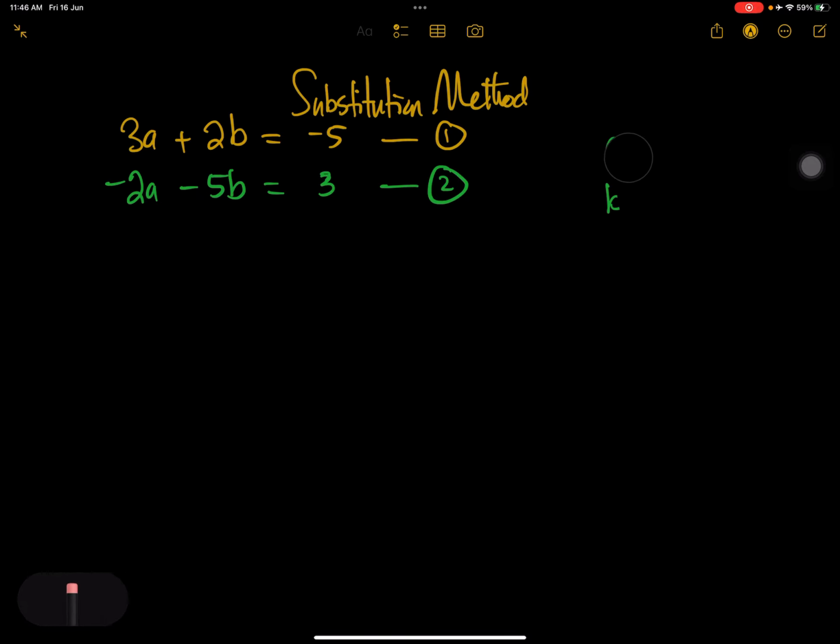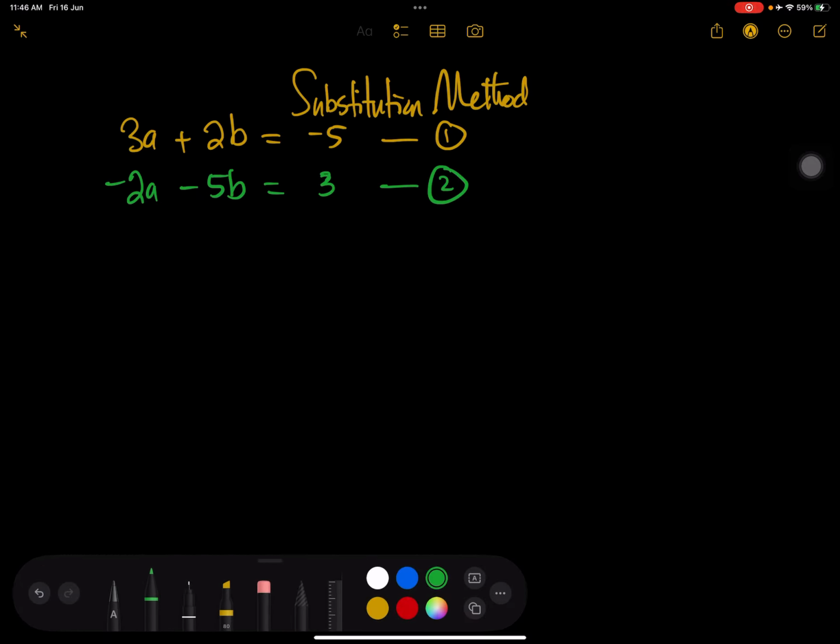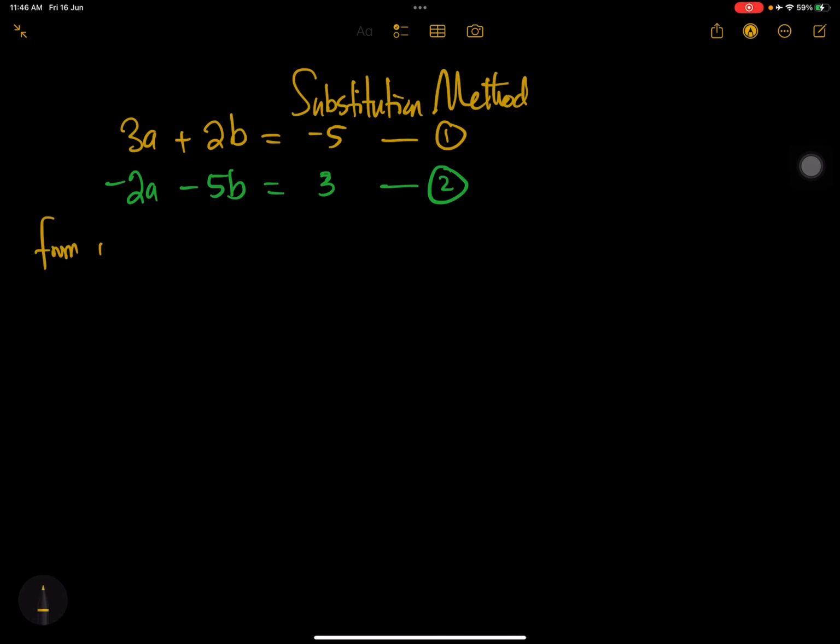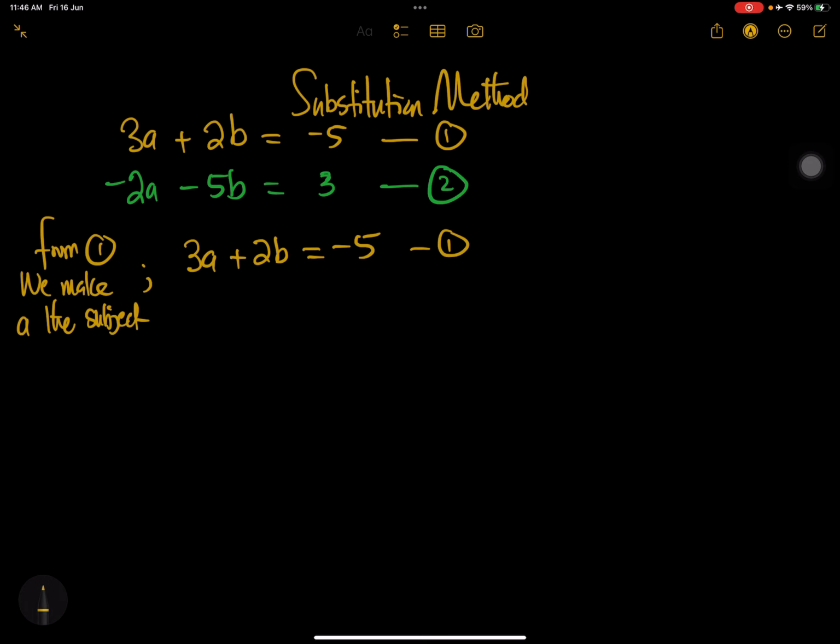From equation 1, the yellow equation, let's make a the subject. We have 3a plus 2b is equal to negative 5. We want to make a the subject, so 3a will be here, equal to negative 5.